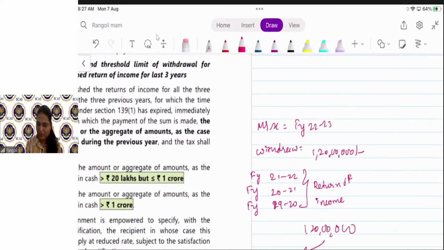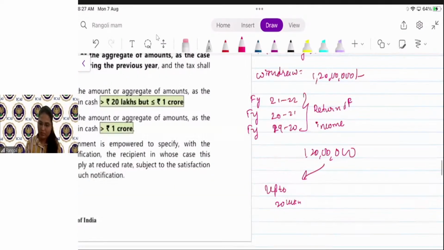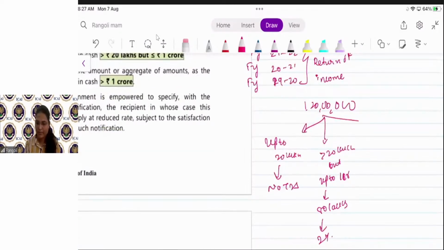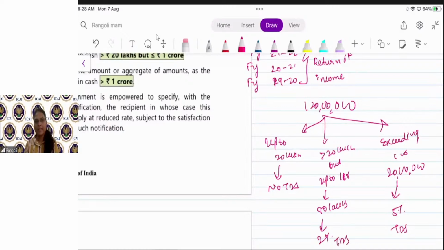Up to 20 lakh, no TDS. Greater than 20 lakh but up to 1 crore, that is on 80 lakh, 2% TDS. And amount exceeding 1 crore, that is on 20 lakh, 5% TDS. Is that clear, everyone?